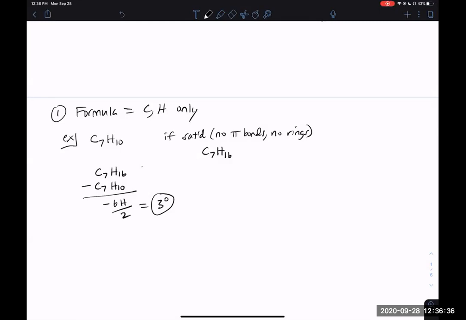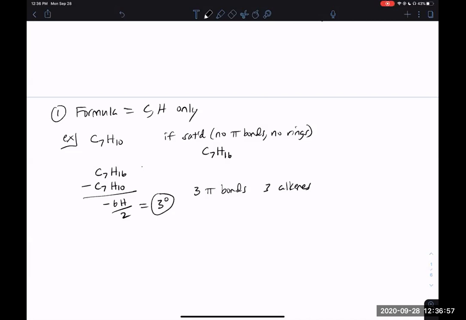So this tells me that I could have 3 pi bonds, so this would be like three alkenes. Okay, that's one variation, 3 alkenes. Probably unusual and not likely.